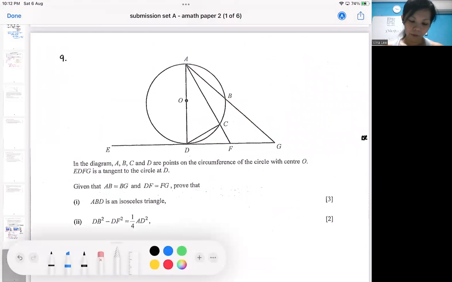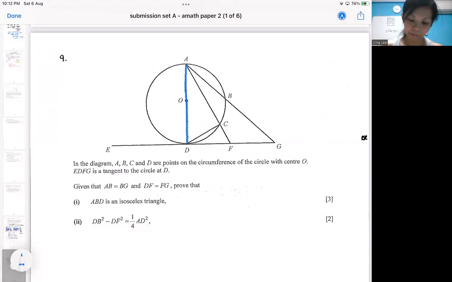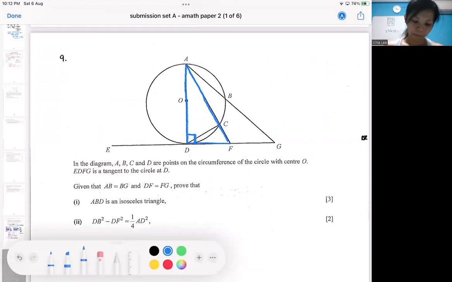Okay, so the similar triangle, ADF is this big one, which I know that there's already a 90 degree. Then part 3, DCF is this one.